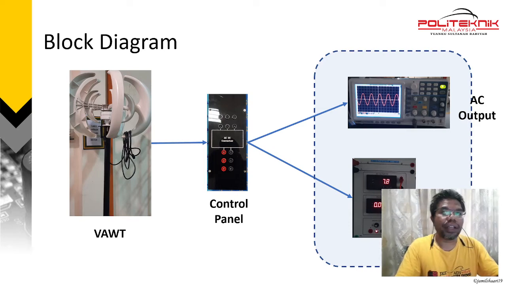From here, students can learn the actual AC output from the wind turbine, the noise, the differences in frequency generated by the wind turbine itself, and the phase of the AC signal. From that, the students can learn the purpose of conversion from AC to DC before integrating it into the grid.